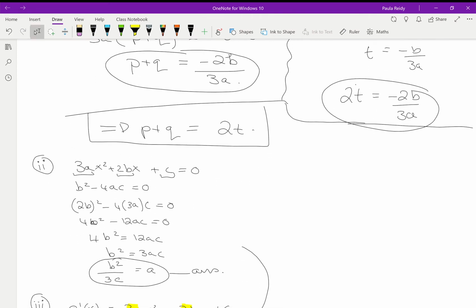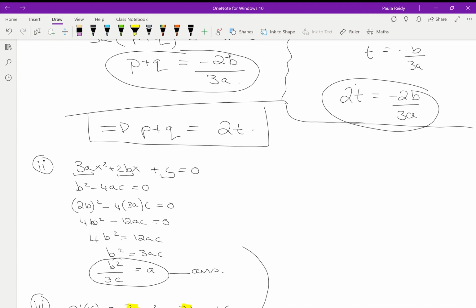So I have it here as 3ax squared plus 2bx plus c, which is to be analysed. And what they've said is basically that p is equal to q. If p is equal to q, it's actually also equal to t, but let's not worry about that too much.